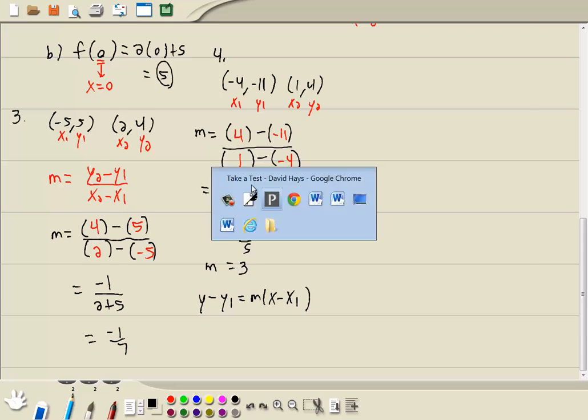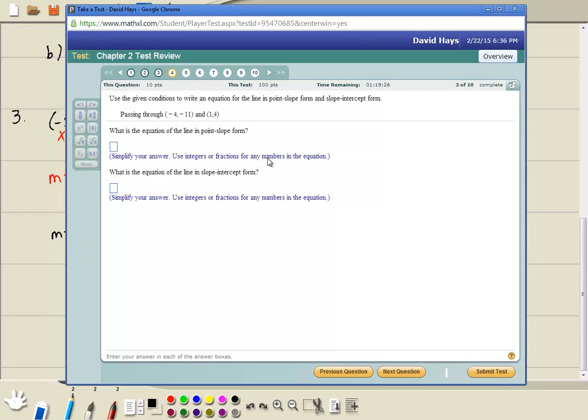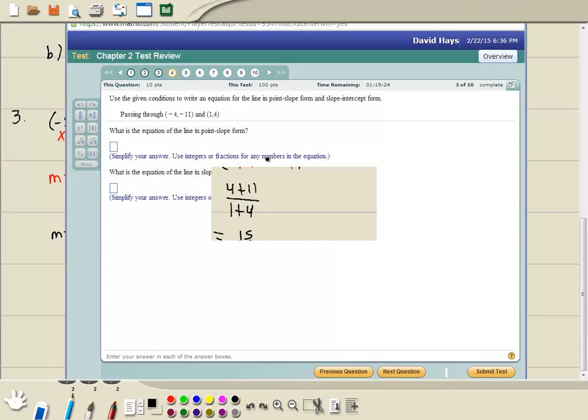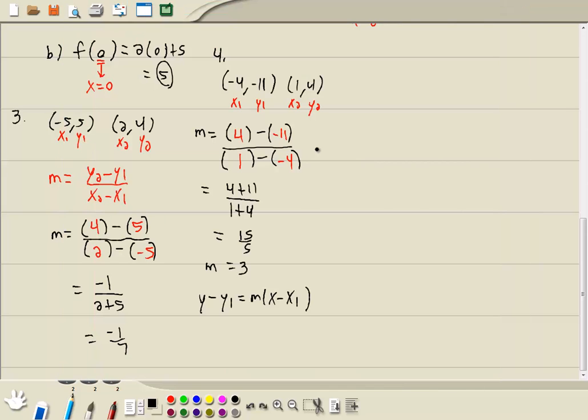Where's the equation line point slope form? Okay. So I'll plug in this point here, and we got y minus y sub 1, which is negative 11. m was 3, and then x minus x sub 1, which is negative 4.